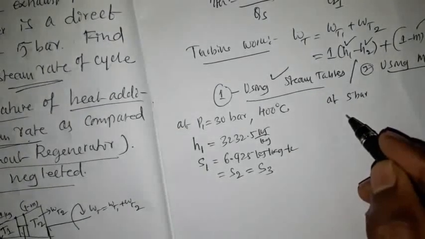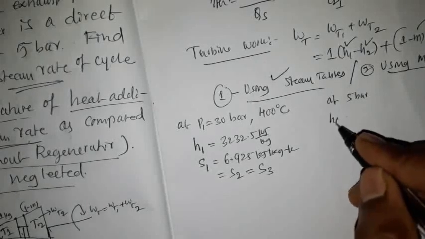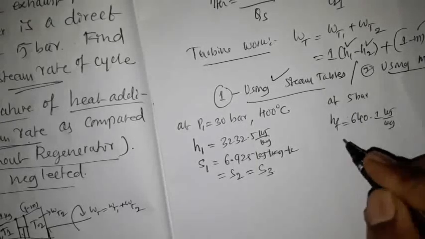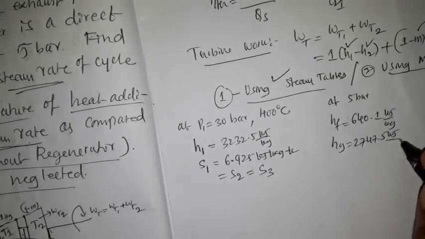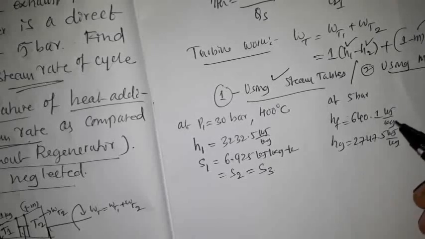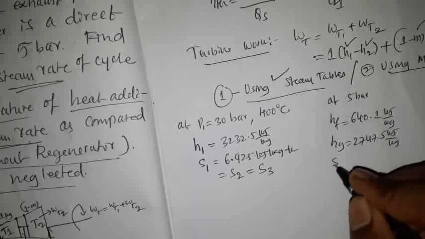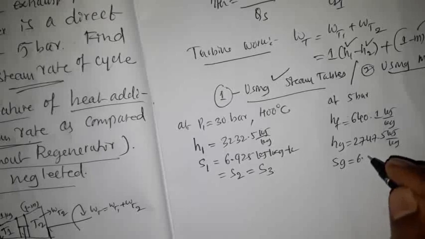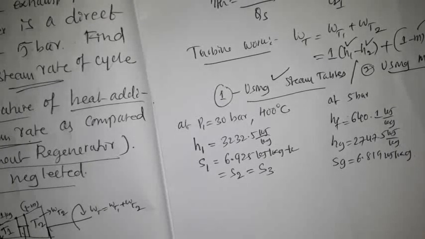That is, at 5 bar we have Hf as 640.1 kilojoule per kg, Hg as 2747.5 kilojoule per kg, then Sg, that is the entropy value, 6.819 kilojoule per kg Kelvin.